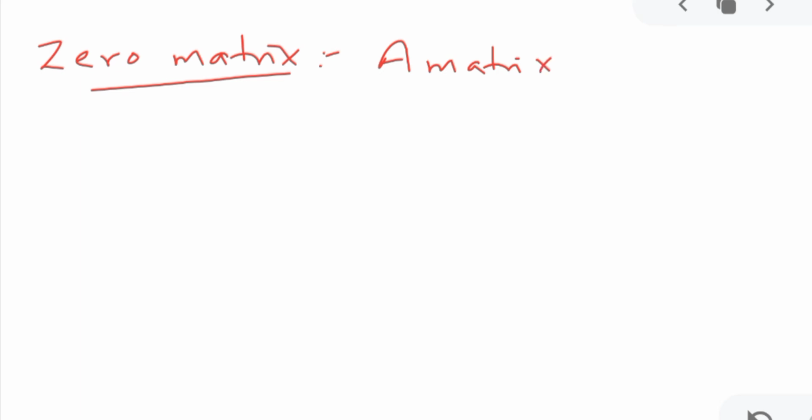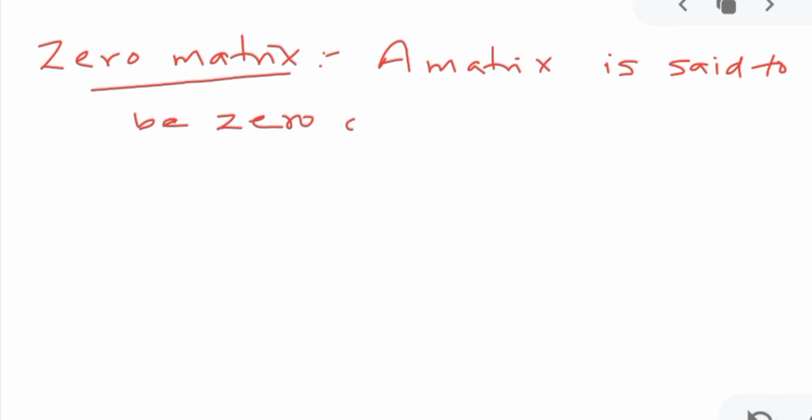Zero matrix is simple. If all the elements of a matrix are 0, then it is called a zero matrix. So how I will write? A matrix is said to be a zero or null matrix, we can say also.